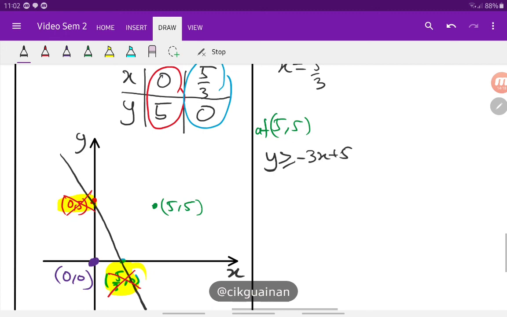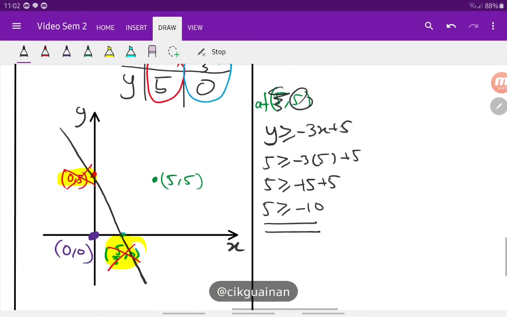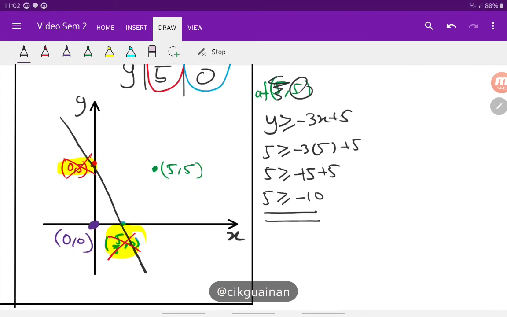At (5, 5), we substitute: 5 greater than or equal to minus 3 times 5, plus 5. So 5 is greater than or equal to minus 15 plus 5, which is minus 10. Then we see whether the statement is true or not. Obviously, the statement is true.